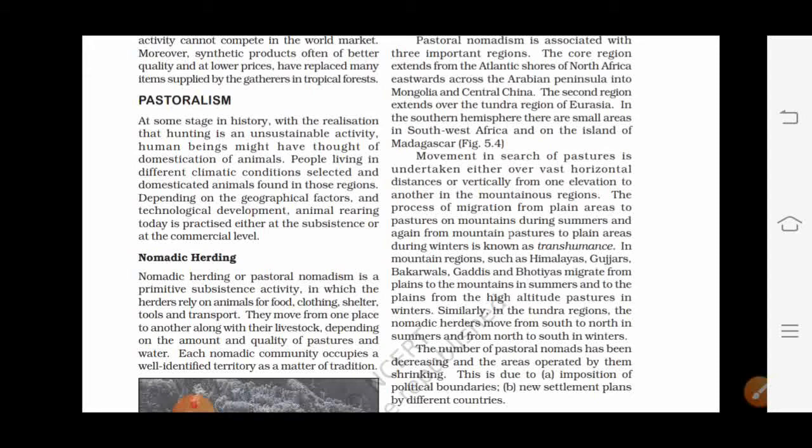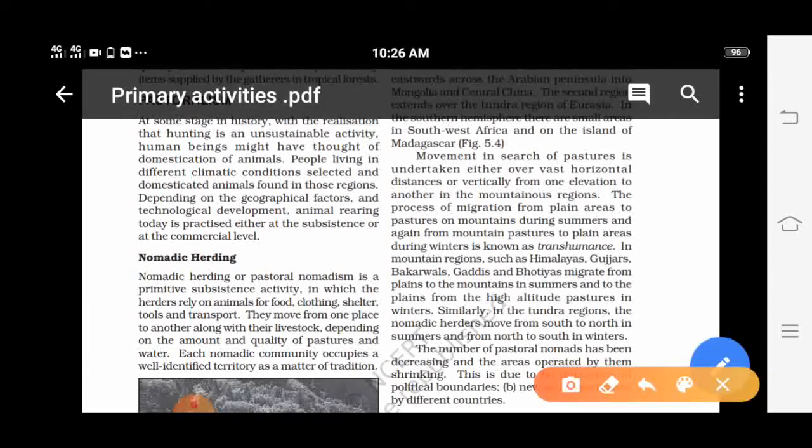Now pastoralism, in short, means domestication of animals. Okay, and this pastoralism today is practiced either for your own survival, own subsistence, or to be sold in the commercial market. Now, there are two kinds of pastoralism.